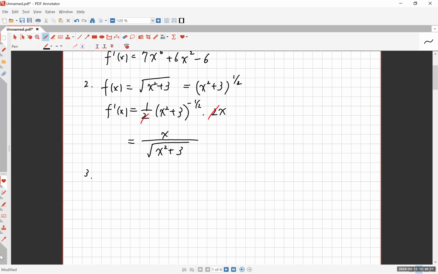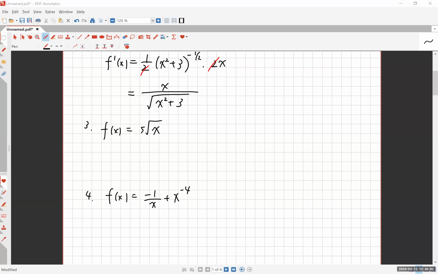All right, let's now go to number 3. Okay, for number 3, you want to write the 5th root of x as x to the 1/5 power, and then apply the generalized power rule. So the exponent becomes the new coefficient, 1/5, and the new exponent will be 1 less than 1/5, so that's negative 4/5.